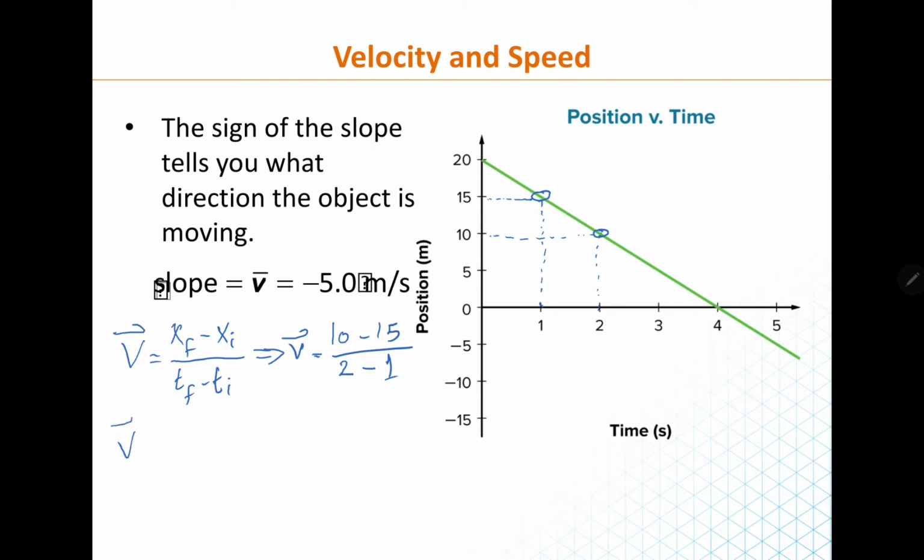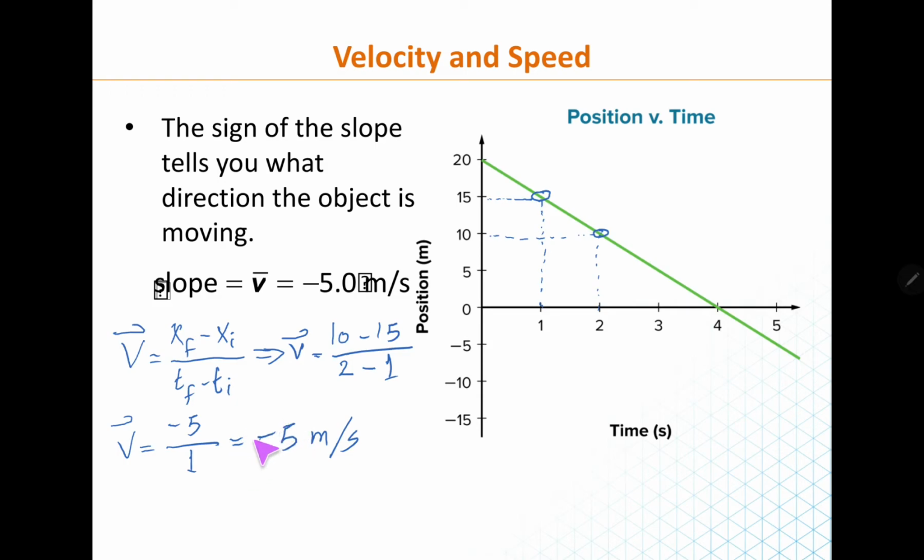So v, the velocity, equal to minus 5 over 1, and the final result should be minus 5 meter per second. Here we have the velocity that is equal to minus 5 meter per second.